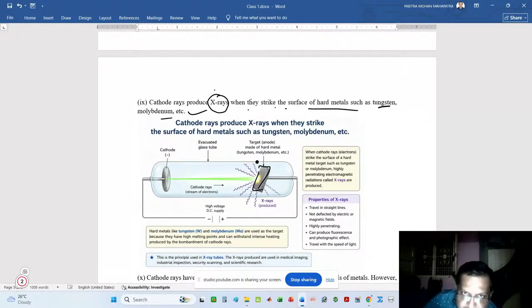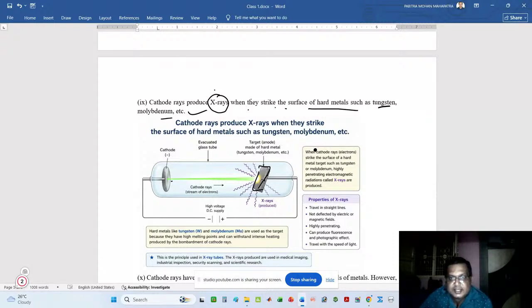You can take any hard metal, such as tungsten, molybdenum, etc. When the cathode ray falls on the hard metal, what happens? It loses electrons and also emits X-rays.